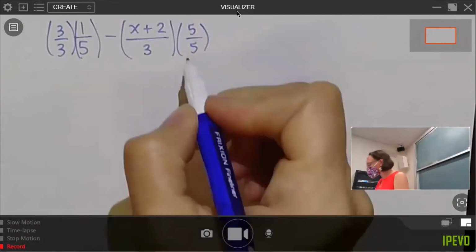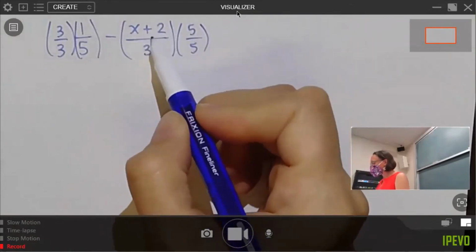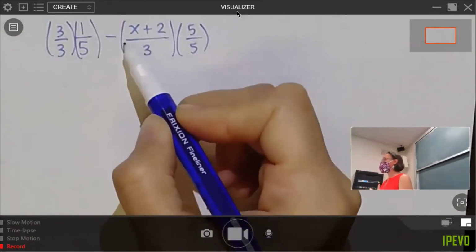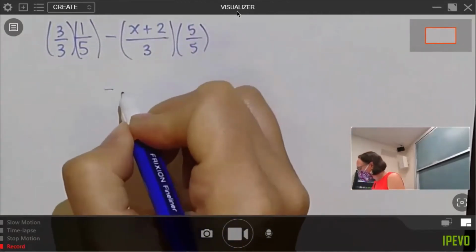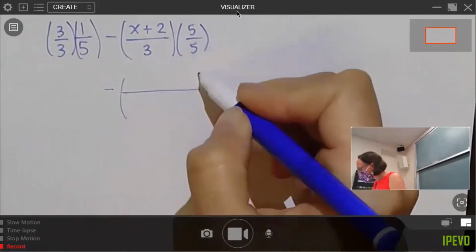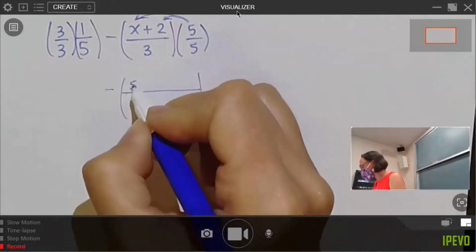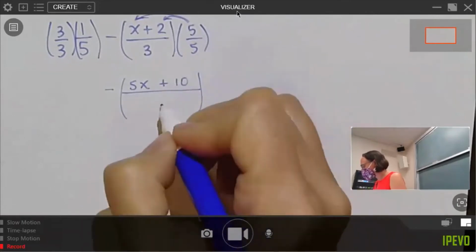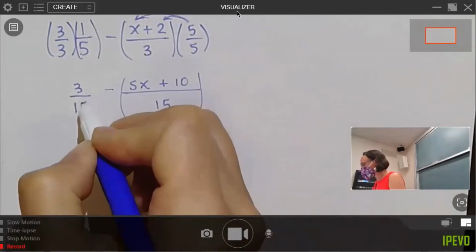Over here on the right-hand side, because I'm really taking this entire fraction, the x plus 2 over 3, and multiplying by 5 over 5, I'm going to choose to distribute the 5 in first so that I've got 5x plus 10 over 15. And then over here, I've got 3 over 15.